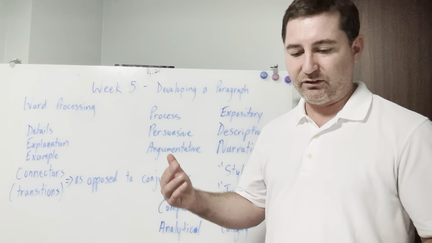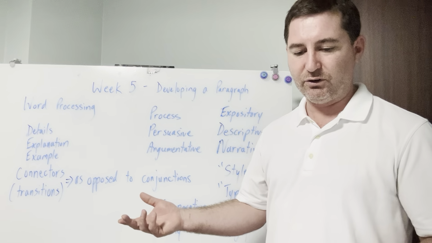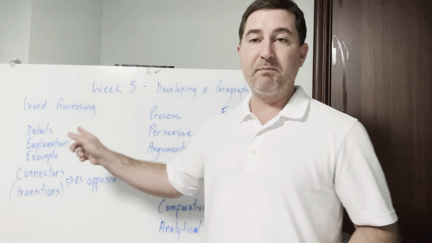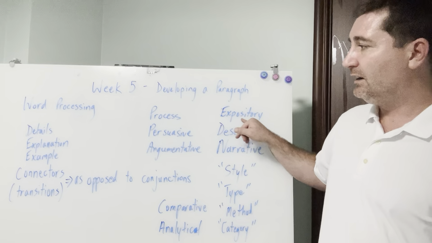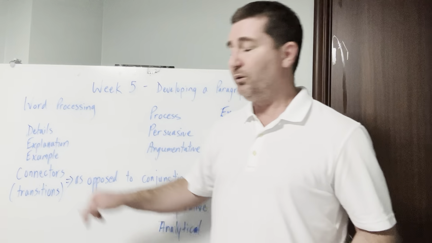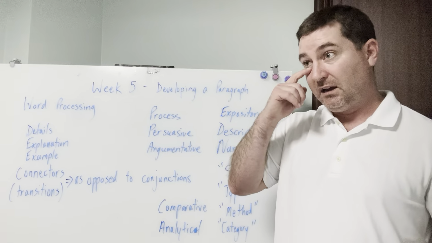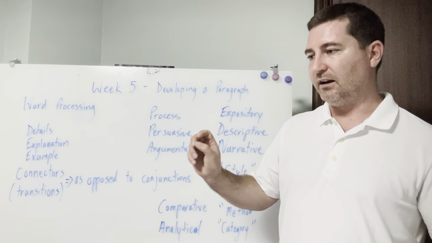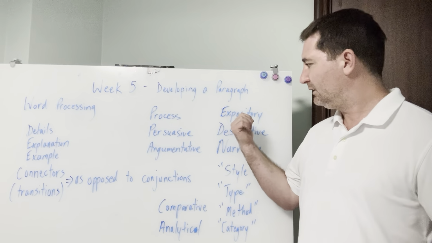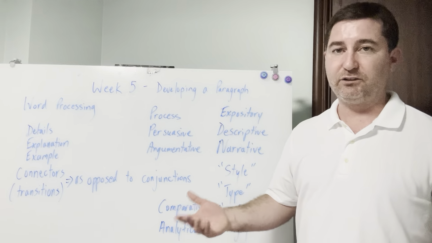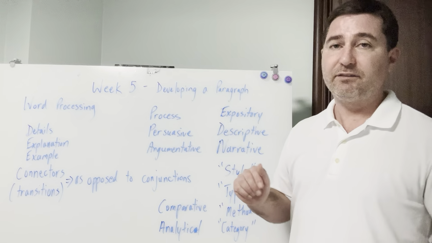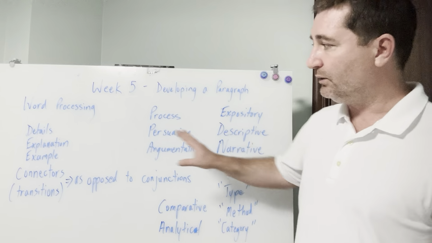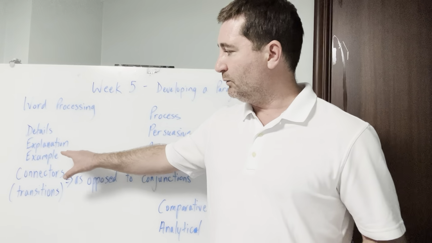The next type of paragraph they show you is an explanatory. That's not written there either, but it makes use of explanation. Expository paragraphs make use of both types, details and explanation, but it's specific facts and a focus on a certain point that makes an essay expository or a paragraph expository. This is not going to be on the exam, by the way. These are just examples, but I want you to know what you can rely on.